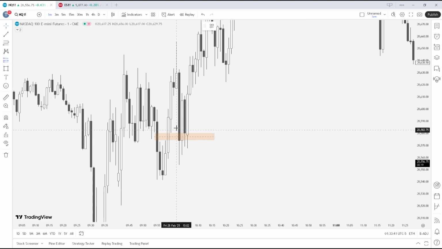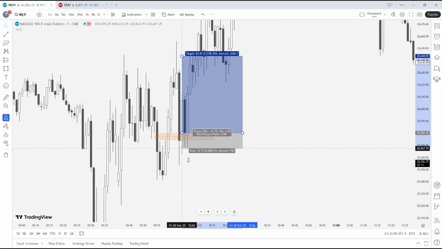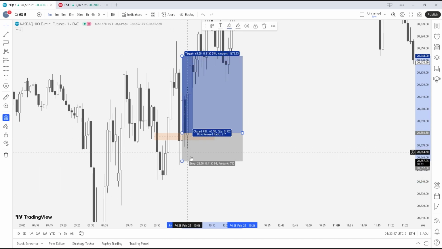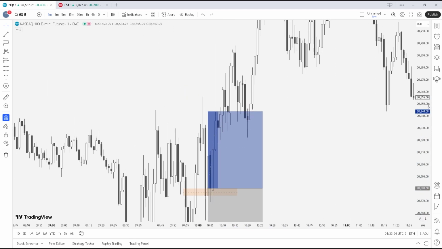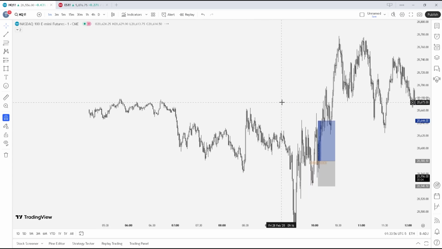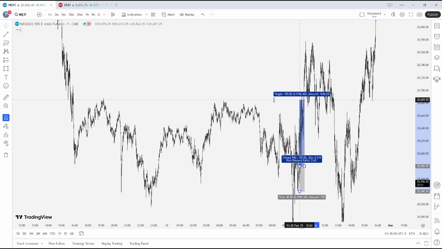You can see, enter, and then, okay, actually this one you would have gotten stopped out if your stop was below the candle low, but you could put it below this swing low. And then let's see, just target some buy side above, like this, maybe the relative equal highs right here.